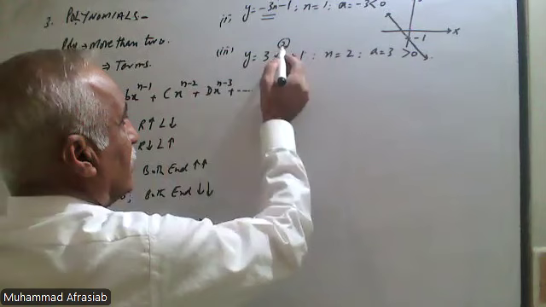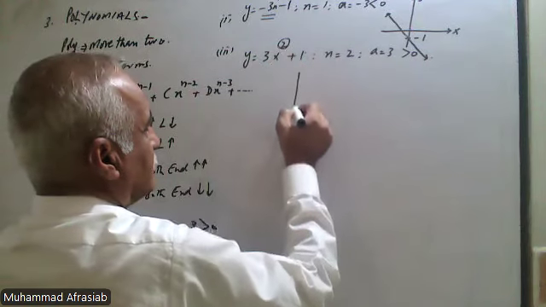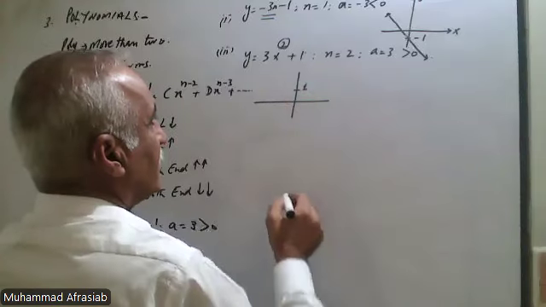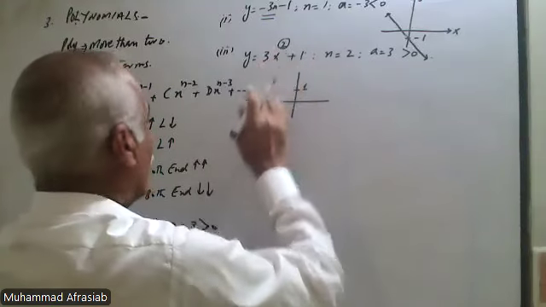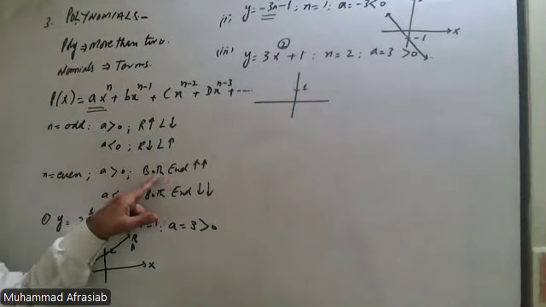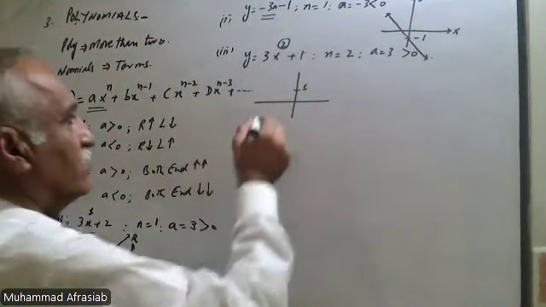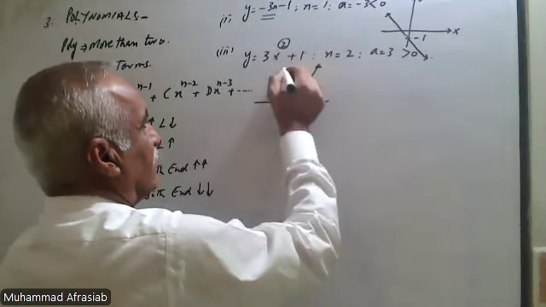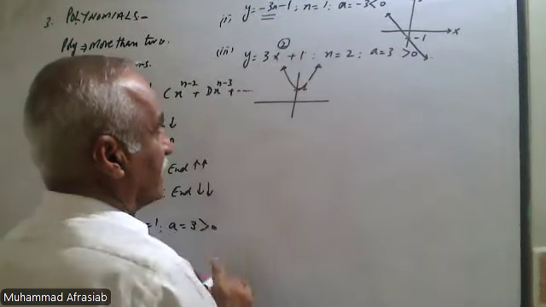So it is an even power here. It will cut at 1, the y-intercept. So if n is an even number and a is greater than 0, then both ends of the graph will be upward. So this is the graph of this, where both sides of the graph are upward.